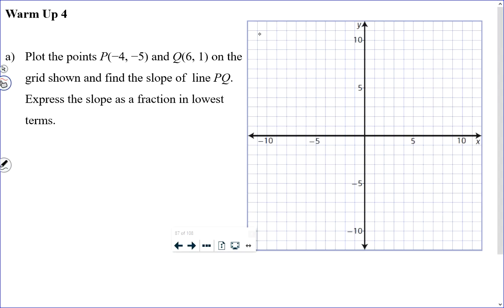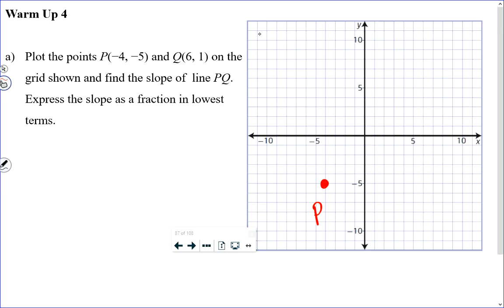Warm-up number 4. So we're asked to plot point P, which is at -4, -5. So you're going to plot a point right here, and we can label it as P. And I'm going to ask you to be very careful about where you label things. I want you to try to replicate on your handout exactly what I'm doing here.